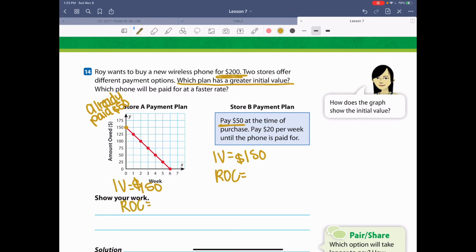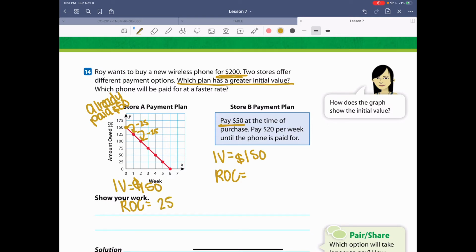So for the rate of change, we just need to see how we go week to week. What's the difference? For store A, we go from 150 to 120, so it's a minus 25. Then from week 1 to 2, minus 25 again, so we can see that the overall change week over week is going to be $25.